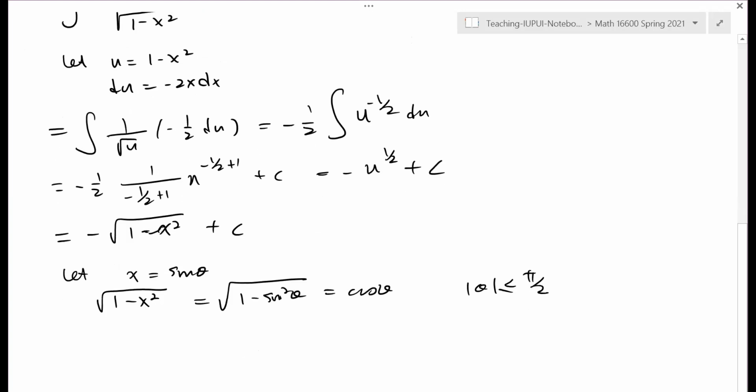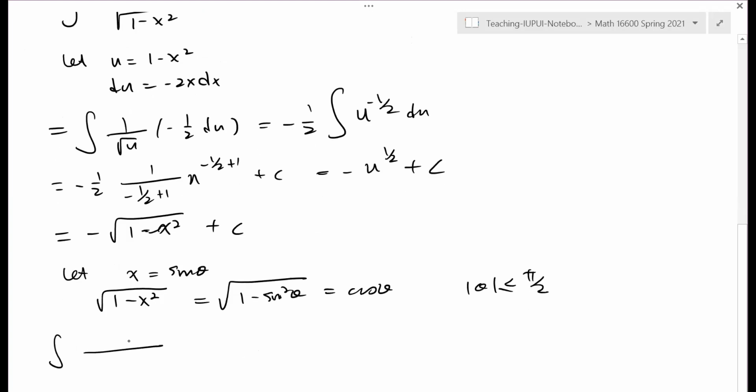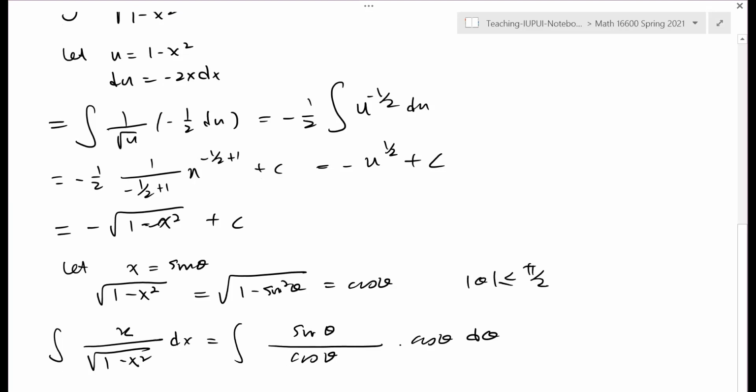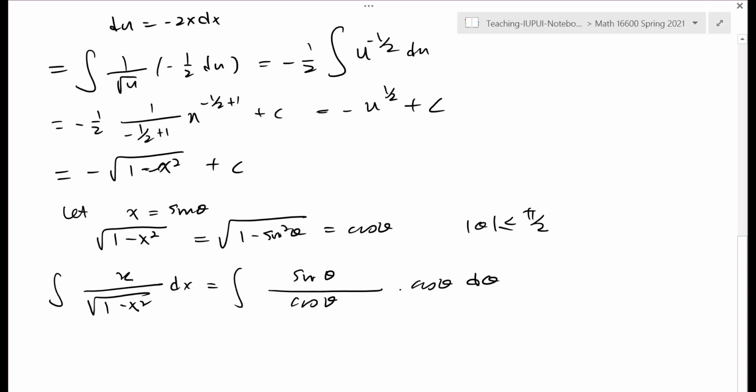Then the integral becomes: x is sine theta, the square root of 1 minus x squared is going to be cosine theta, and dx is cosine theta d theta. Because x is sine theta, dx is cosine theta d theta.